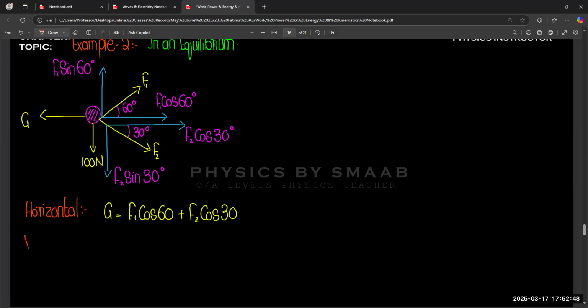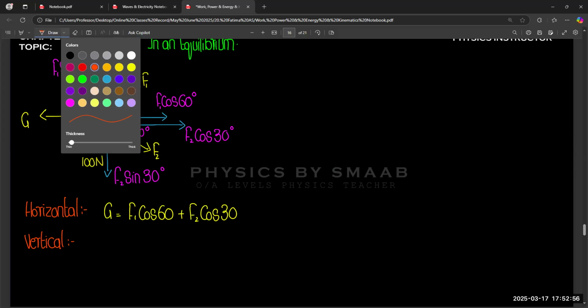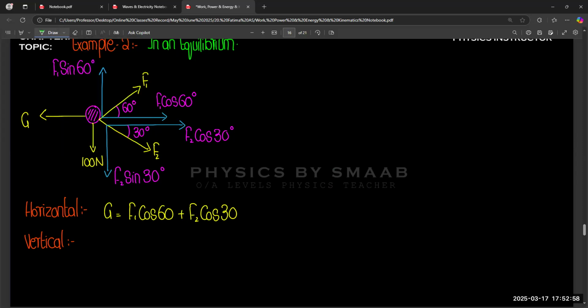In the same way, if we talk about the vertical component, in vertical component, we have one component in upward direction, which is F1 sin 60.